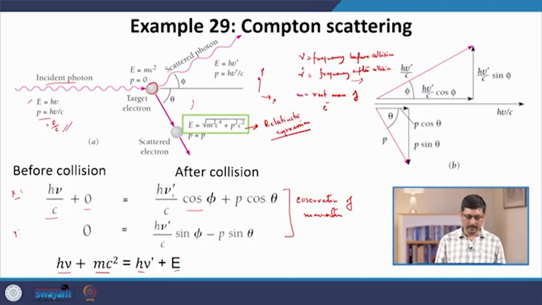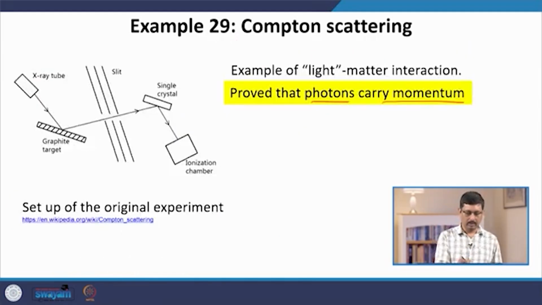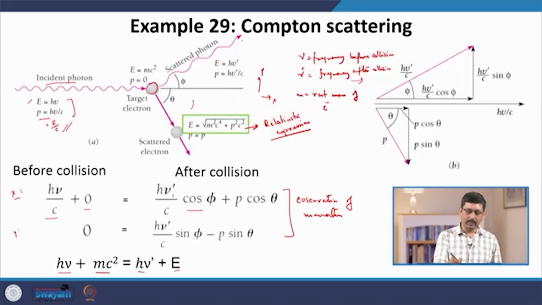So, what are the unknowns here? The known is the frequency of the incident photon. During the experiment we know the frequency of the X-ray that we are sending to hit our target electron in this crystal, and we can also measure the angle phi directly in the experiment by looking at which direction the scattered X-ray is collected.